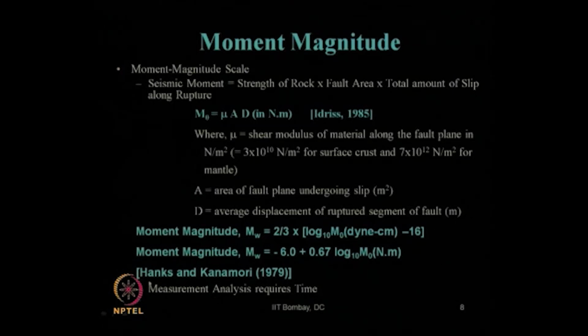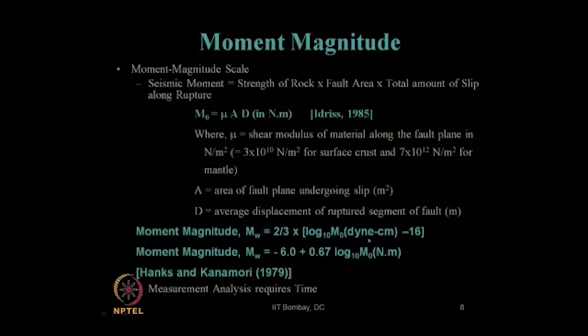Then we have seen the equations of moment magnitude based on this seismic moment estimation, proposed by Hanks and Kanamori in 1979 using these expressions. Both are the same expressions leading to the same value of MW, the only difference in the two equations is the unit of this seismic moment M naught.